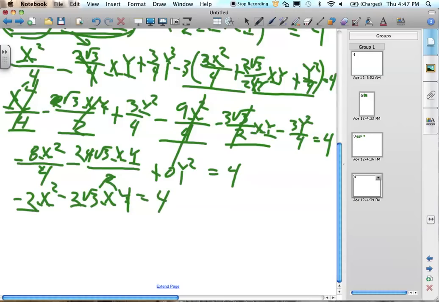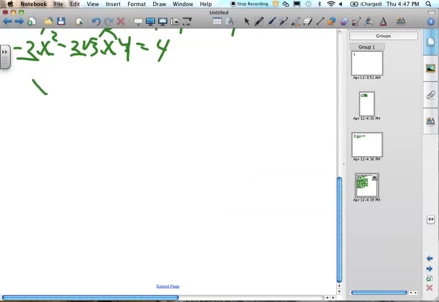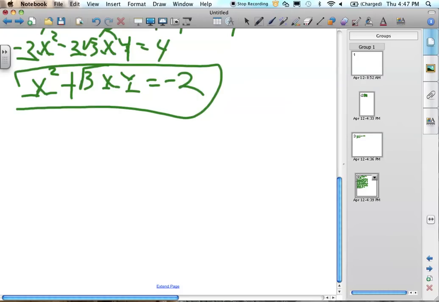I'm going to go ahead and divide it out of everything. That's going to end up with x squared plus square root of 3 x y equals negative 2. And that is the rotated equation.